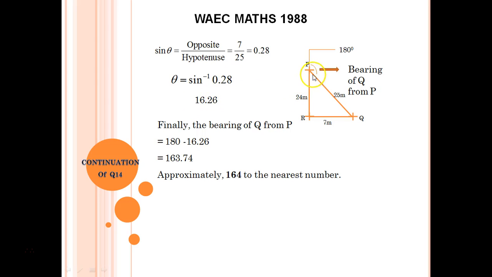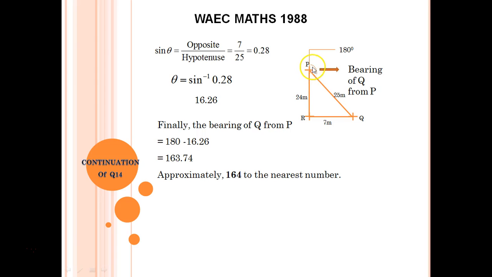So the angle inside this triangle is 16.26, which is the angle at P. But the question says the bearing of Q from P, which is this angle here. And we know that the angle from here to this particular point is 180 degrees, that is angle on a straight line. So what you have to do is to subtract this 16.26 from 180.